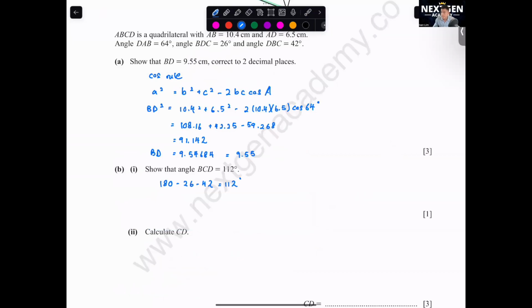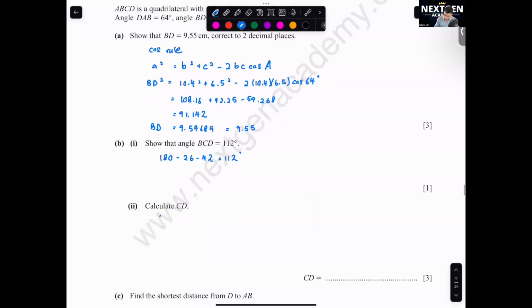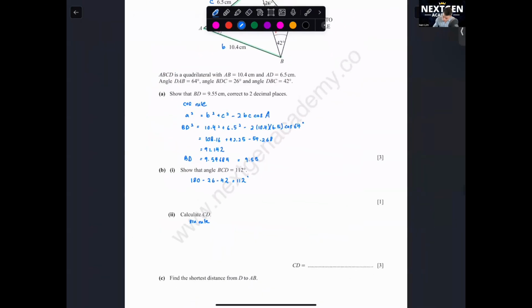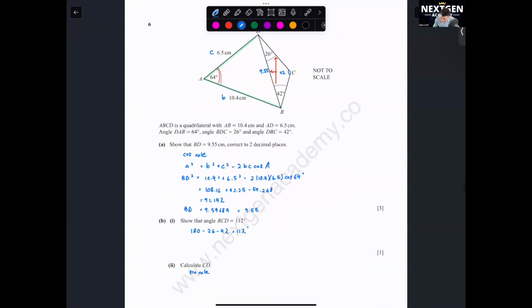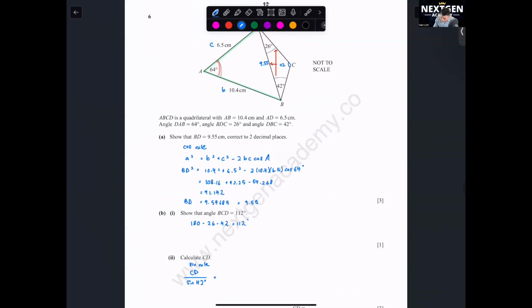Okay, next one, calculate CD. CD, we can use sine rule. Okay, sine rule because we see got cross like that. So sine rule, we can use CD over sine 42 degrees equals to 9.55 over sine 112 degrees.